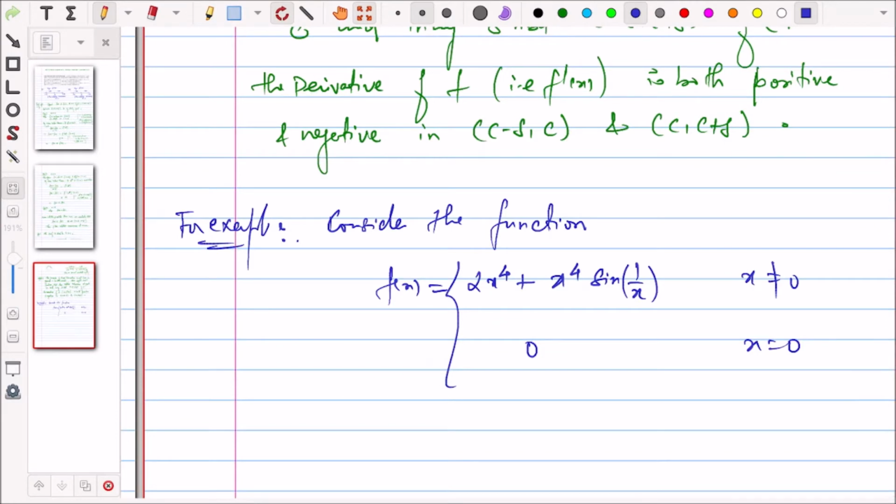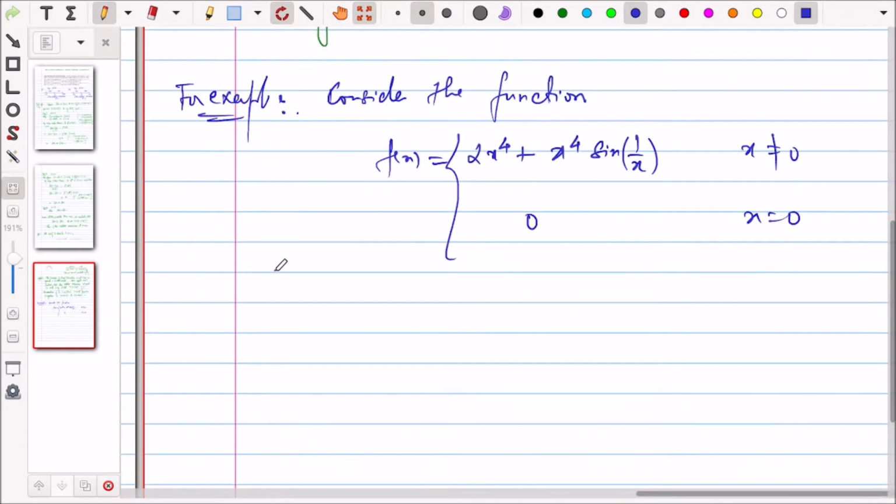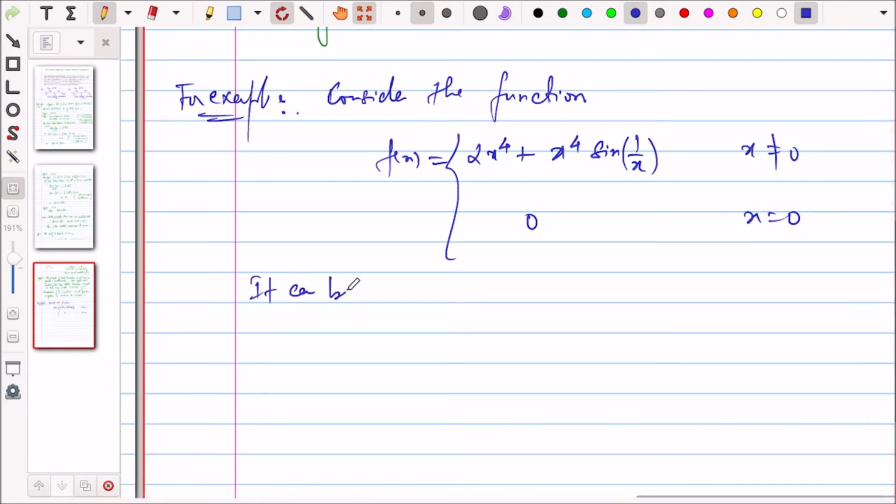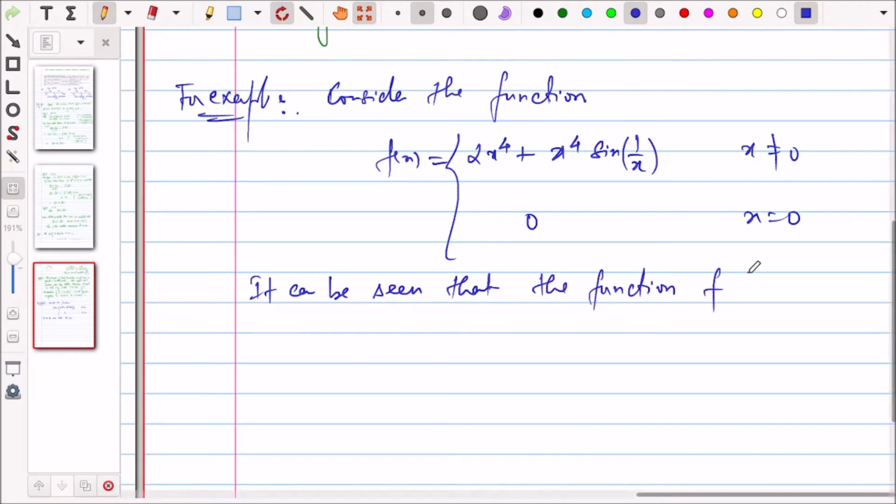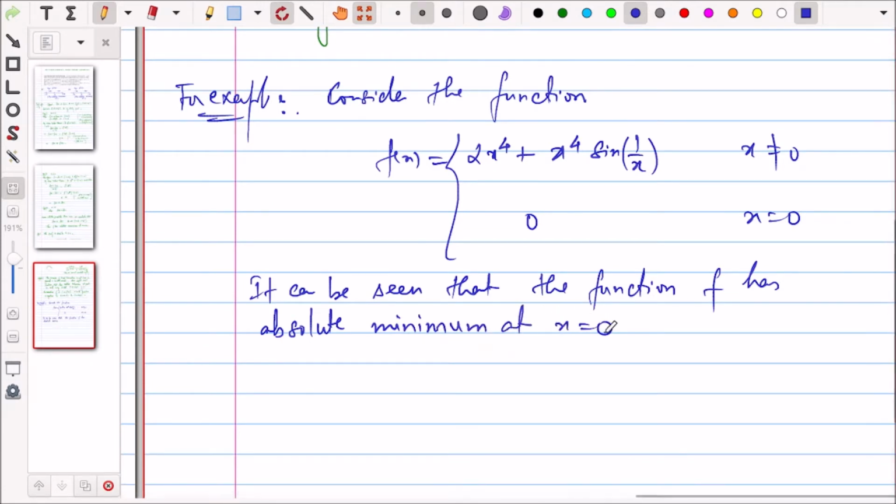Okay, it can be seen that the function f has an absolute minimum at x equal to 0.